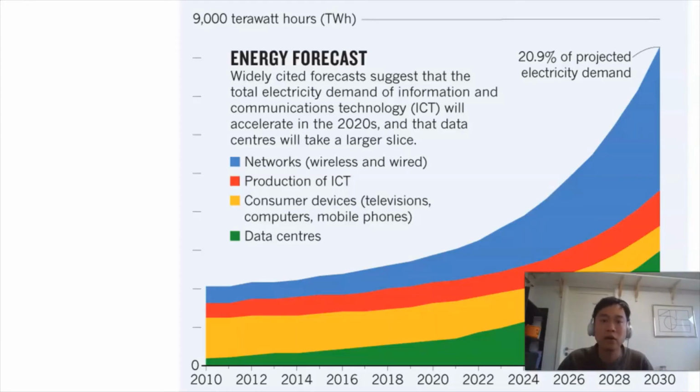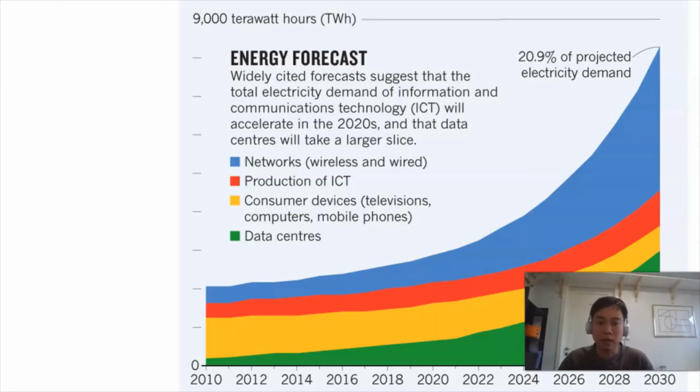And how consumer devices, the end device consumption, can be considered as part of the computer-based system usage, and how they consume energy from different devices like mobile phones, computers, televisions. And you see the green part, which is very small in the beginning, is expected to become a very large part, how the data center will consume energy.